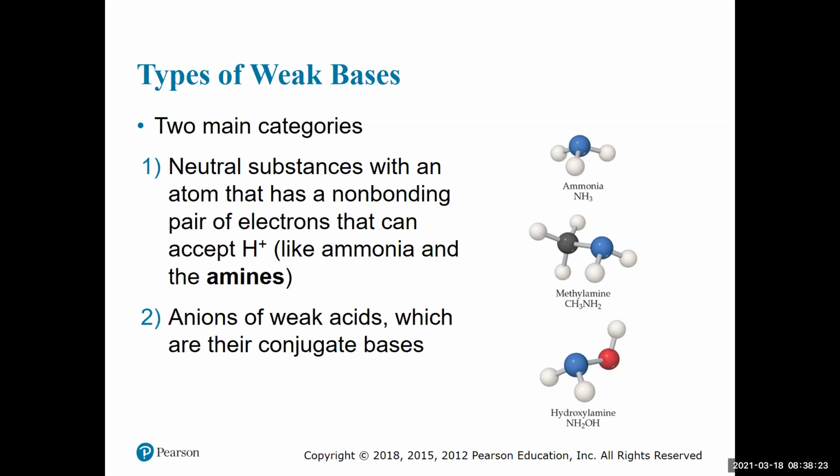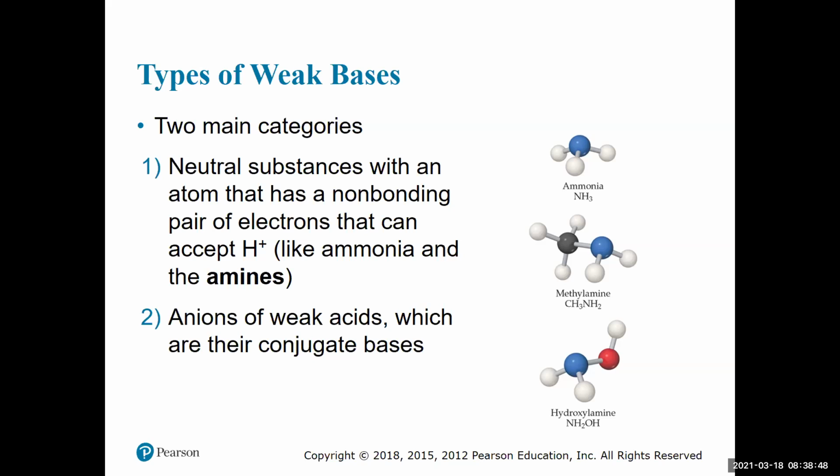There are also the anions of the weak acids. Remember we talked about conjugate acid-base pairs when we were talking about weak acids. So acetic acid and then the acetate ion, that was the conjugate pair. Those anions of the weak acids are weak bases also.